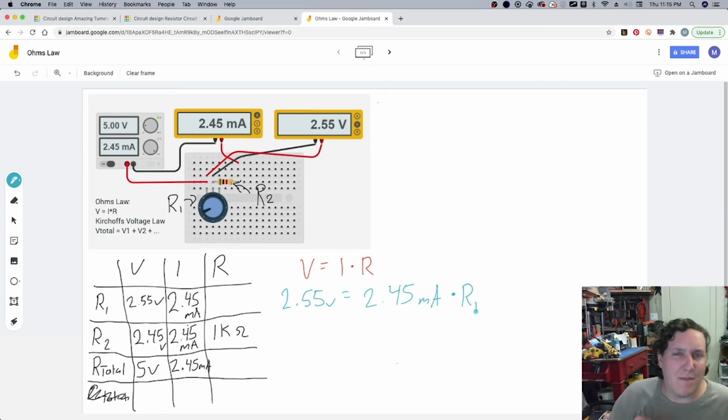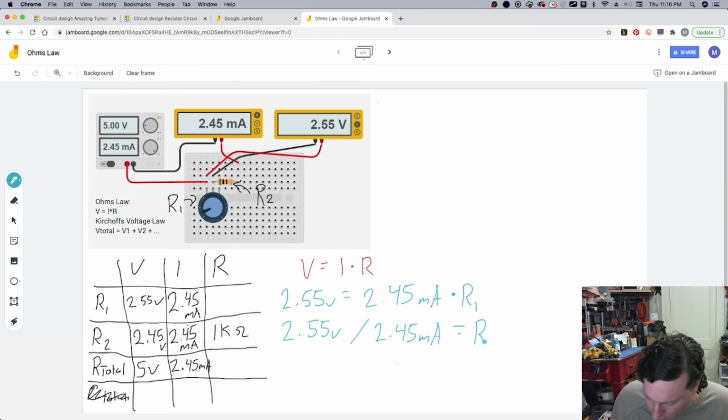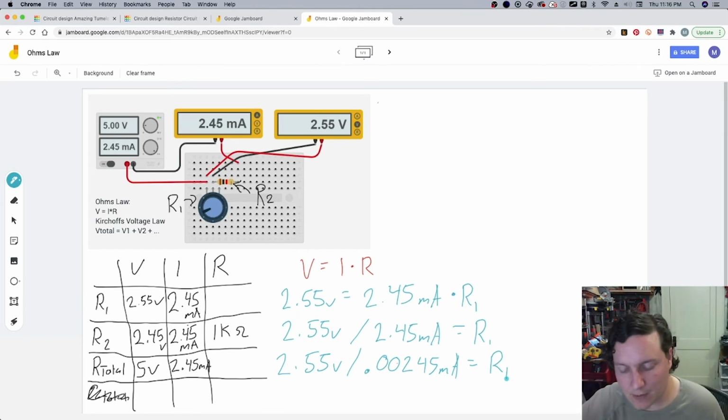Again, we rearrange our equations a little bit. 2.55 volts divided by, since we need to divide both sides, 2.45 milliamps equals R1. We need to convert milliamps to a base unit. So 2.55 volts divided by 0.00245 amps equals R1.